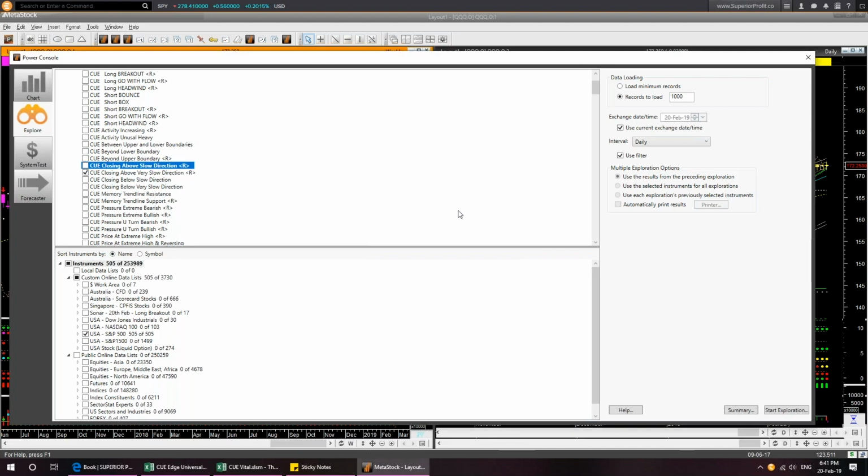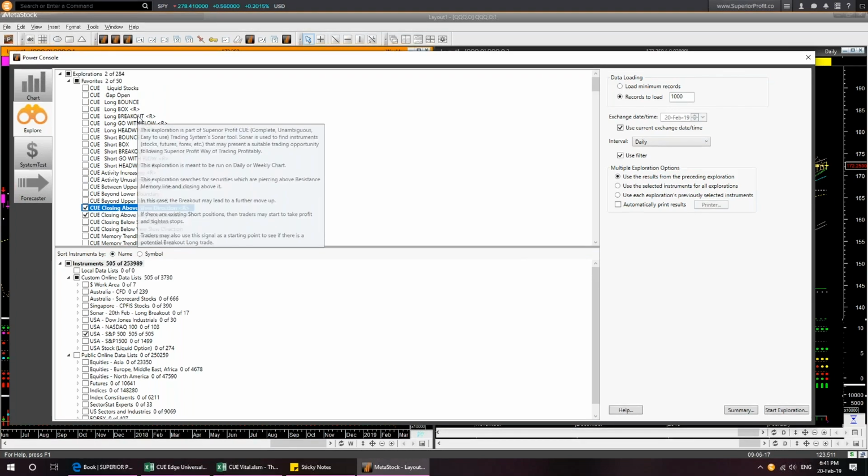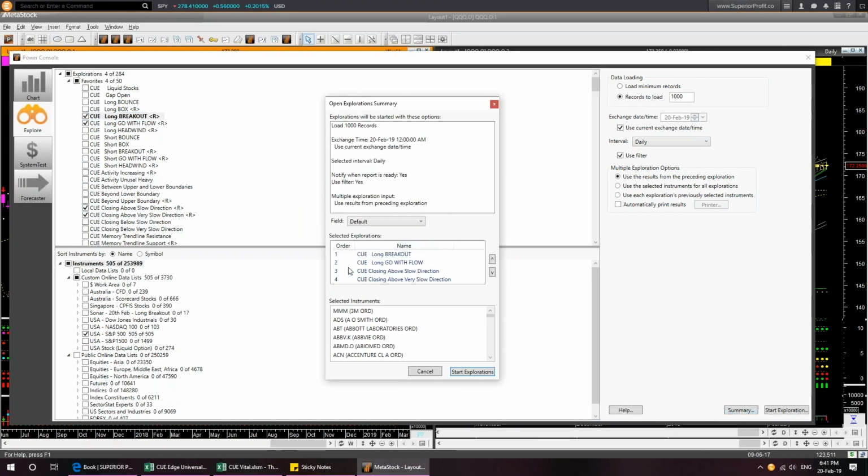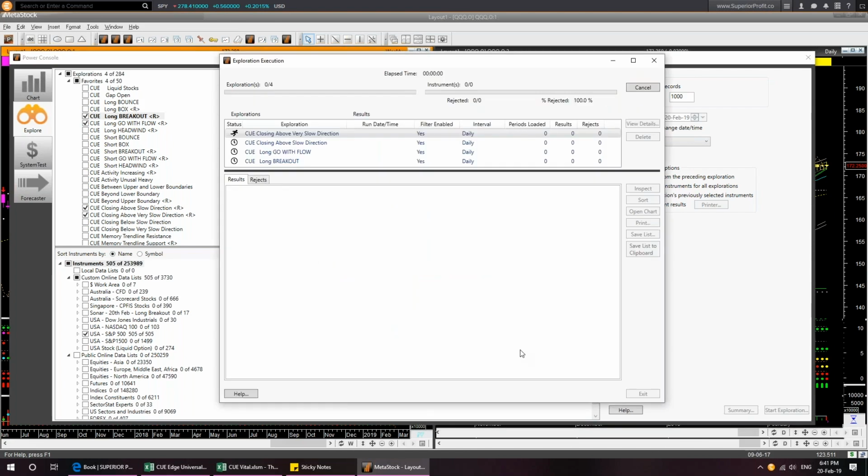So stocks closing above very slow direction, stocks closing above slow direction that are giving me a trend following long trade setup because the market is bullish, and stocks that are breaking out at the same time. I'm going to order them properly and run them on the S&P 500 stocks.